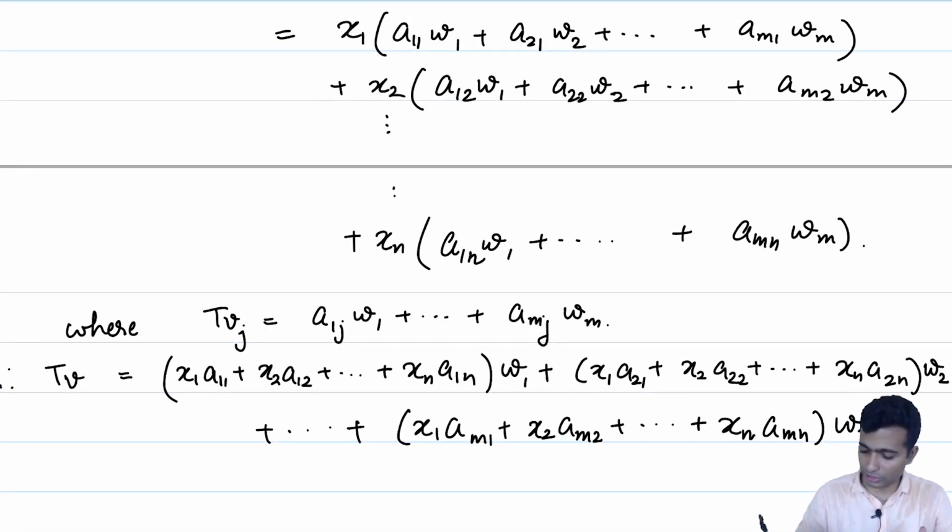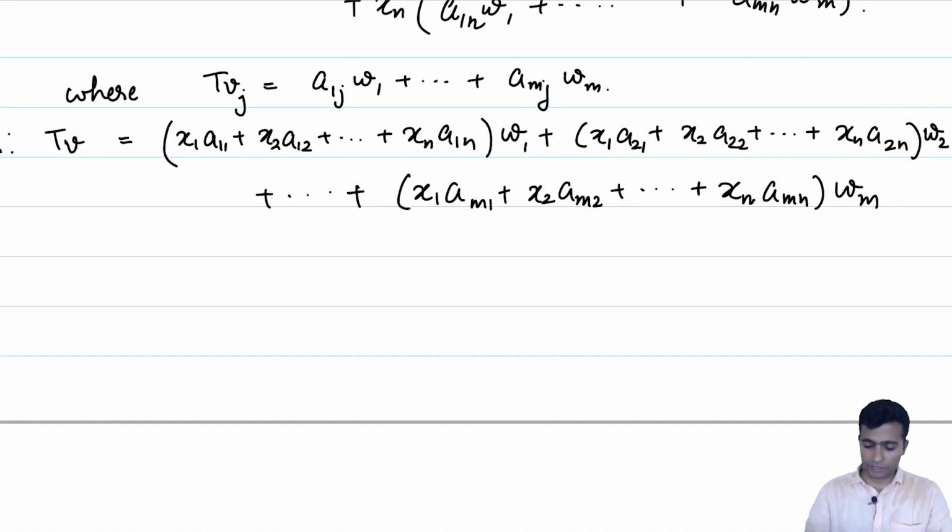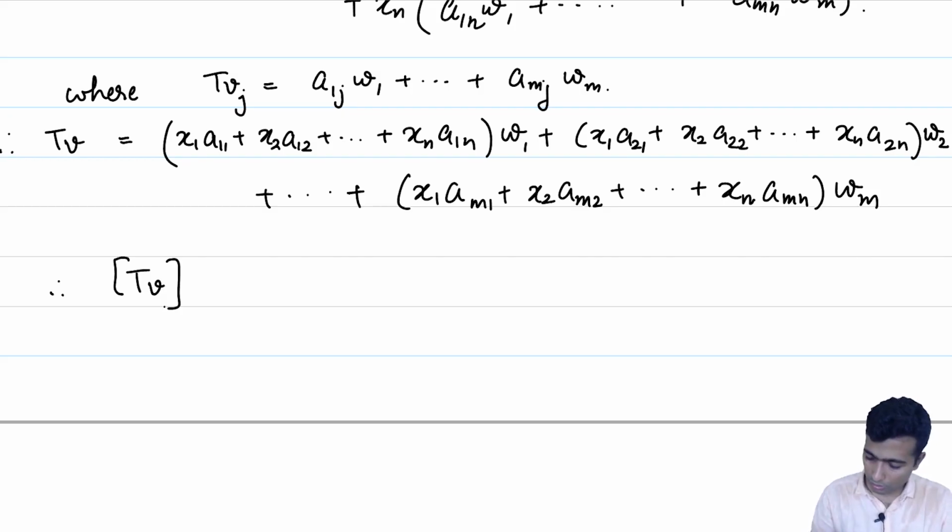I have just rewritten the above in terms of coefficients of W1, W2 up to Wm. This is something which you should check. And therefore, TV of gamma, remember, was W1, W2 up to Wm.